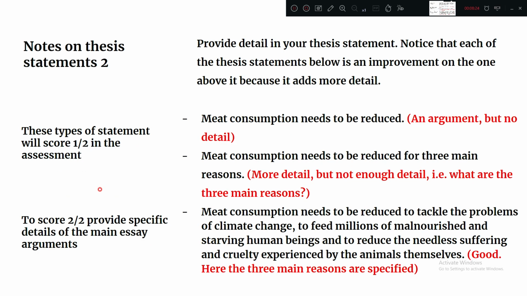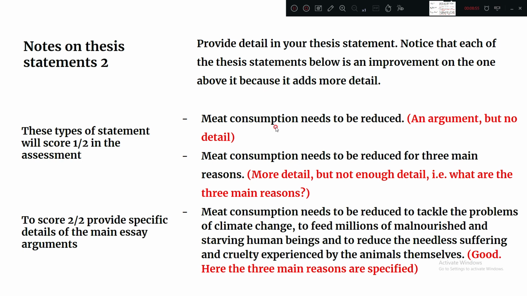Okay, so let's look at what we mean by clear and specific. So we have 2 points available on the rubric. One is for a clear thesis statement, and the second is for a specific thesis statement. So the 3 example sentences here hopefully show you what I mean by clear and specific. So let's take a look at the first one.